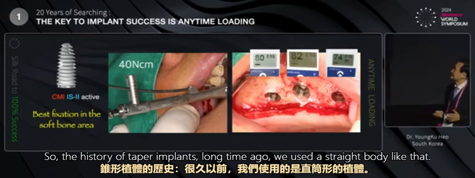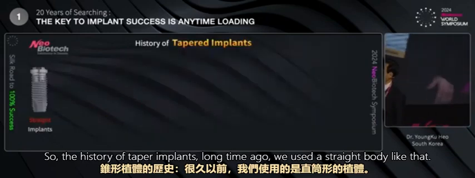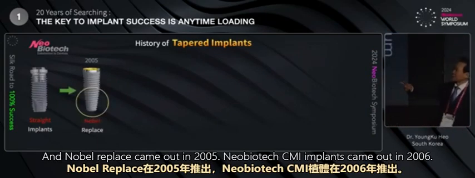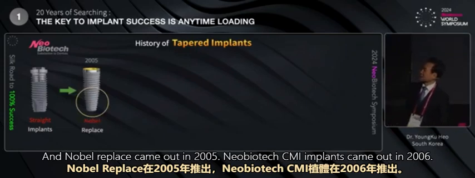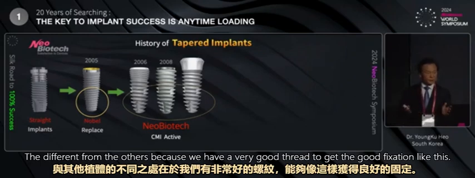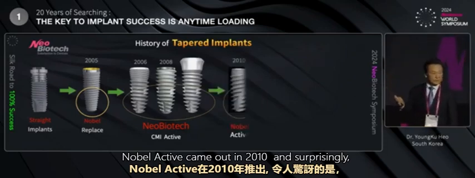So the history of taper implants: a long time ago, we used a straight body like that. And Nobel Replace came out in 2005. And Neobiotech CMI implants came out in 2006, as you see there. But it's different from the others because we have a very good thread to get good fixation like this. Nobel Active came out in 2010.